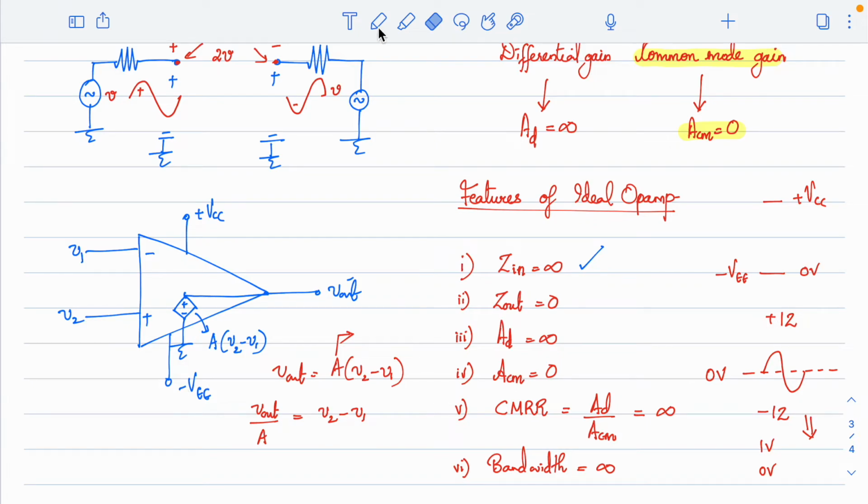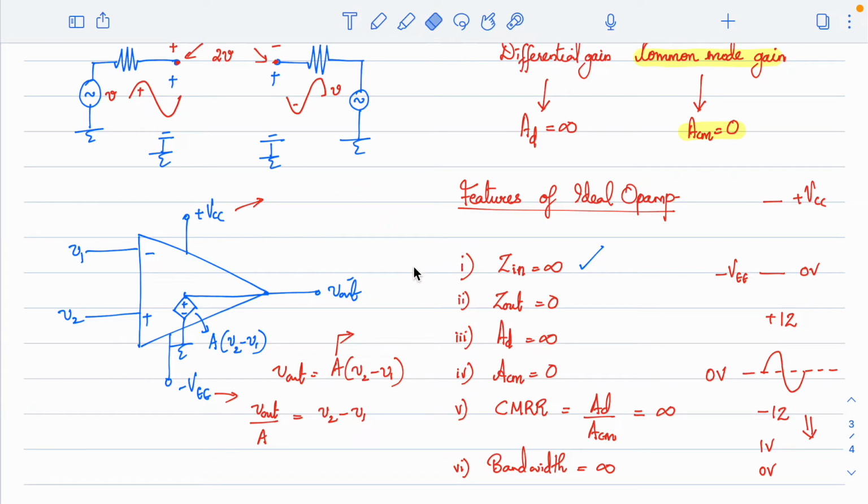One more thing I can add: this VCC and VEE, say for example, if you have a transistor here, the power supply we connect to this collector, we call it VCC, and this notation is called double subscript notation, which is usually given for power supply. Similarly, the other side we have is the emitter, that is why we generally use this notation of minus VEE.